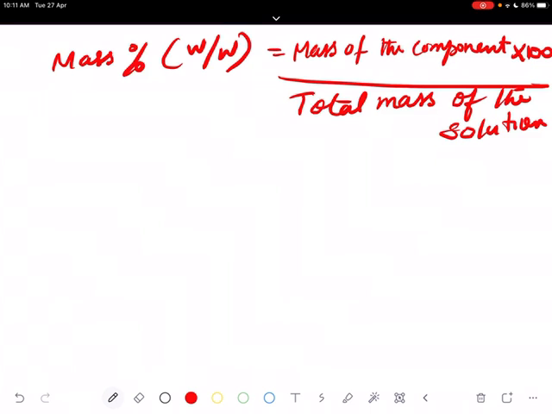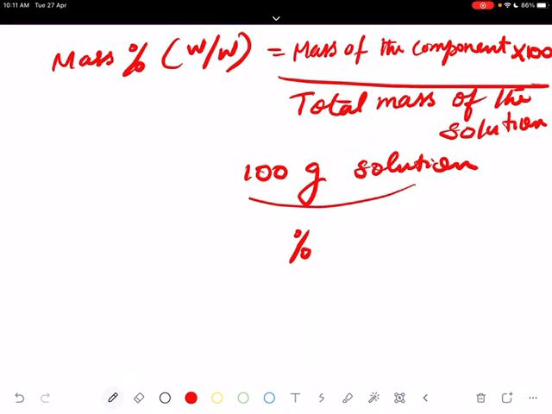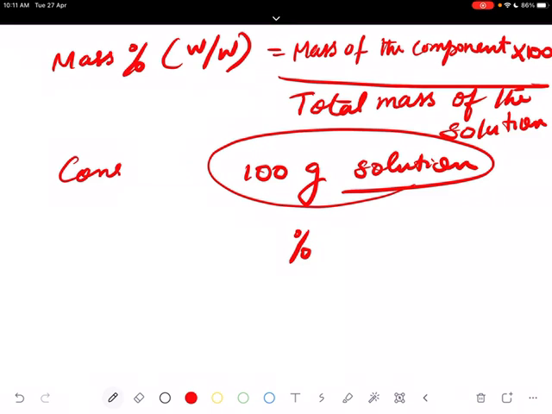That means we are finding out the amount of the solute in 100 gram of solution. So whenever you see this sign percentage, you have to consider 100 gram of the solution.